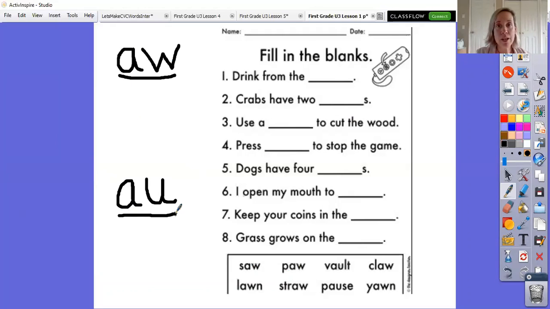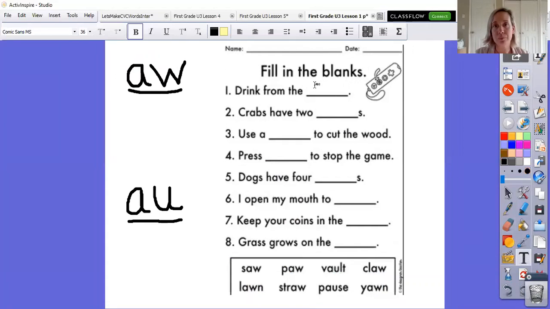So if I have a drink, I drink from the, sometimes I put this in a, let's see, one down here. Is it a saw, paw, vault, claw, lawn, straw, pause, yawn? I think it's a straw, okay? So straw is going to go there.